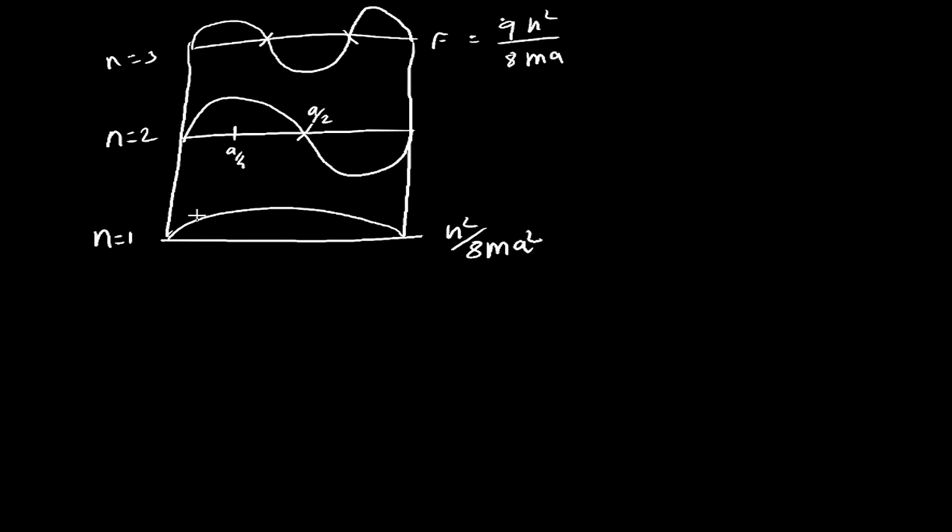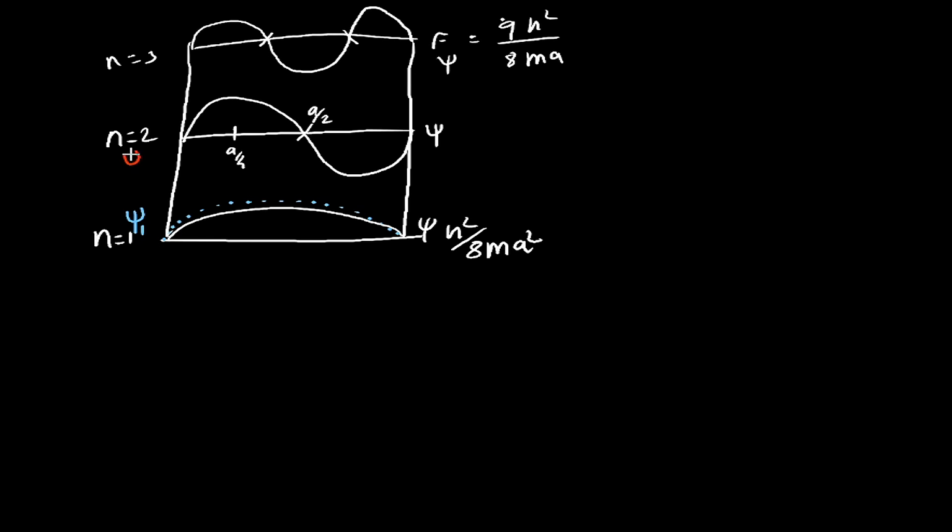So these are the plots for the wave function psi. And similarly for the population density, for psi 1 squared, we will have the same plot. Let me use red.